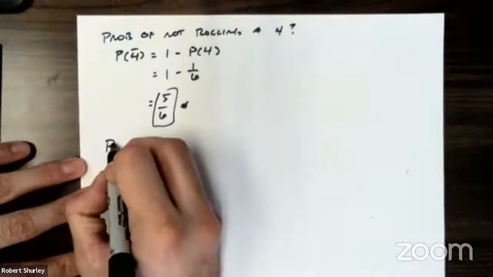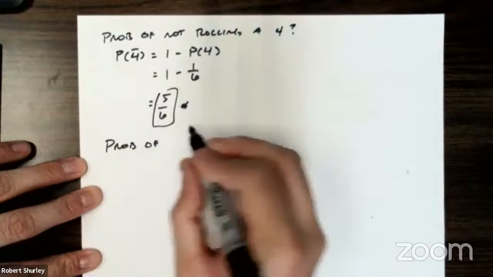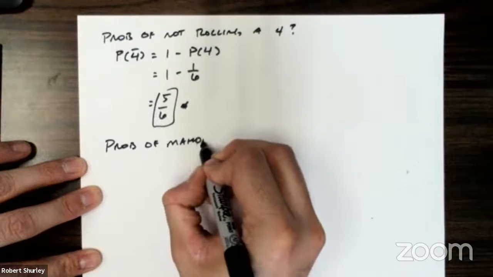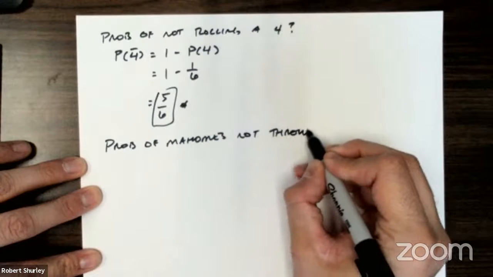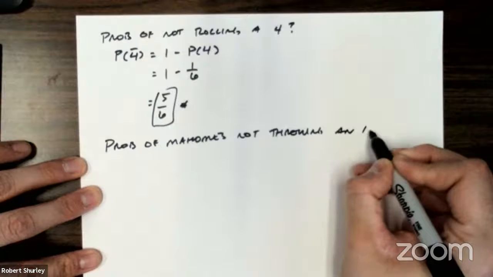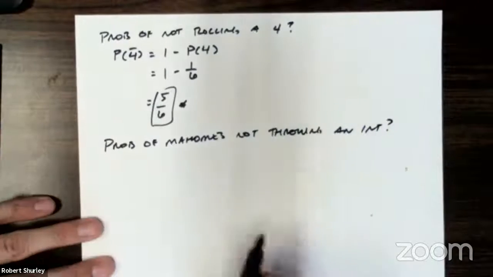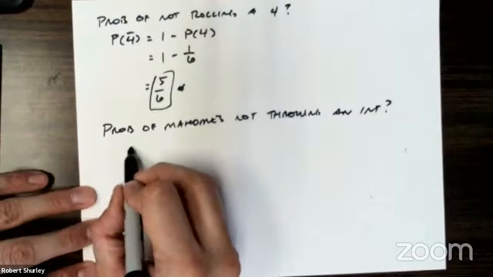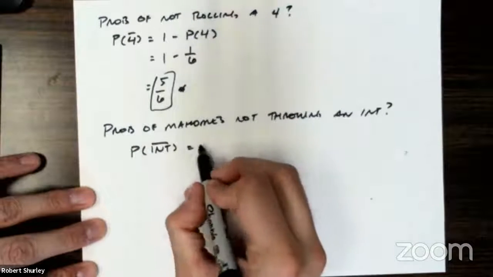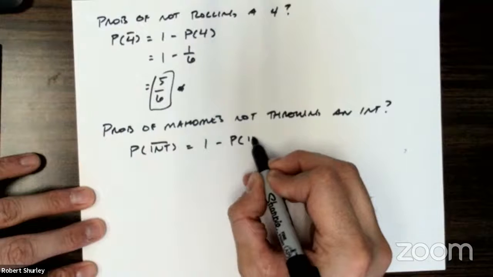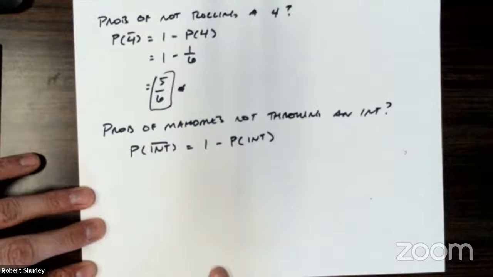So what about the probability of Mahomes not throwing an interception? The probability of Mahomes not throwing an interception. So now we're going to do INT, but not throwing an INT. Well, it's 1 minus the probability of him actually throwing the interception.